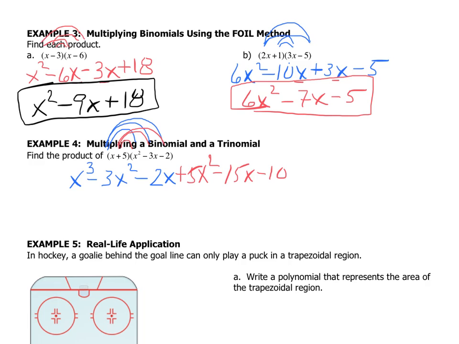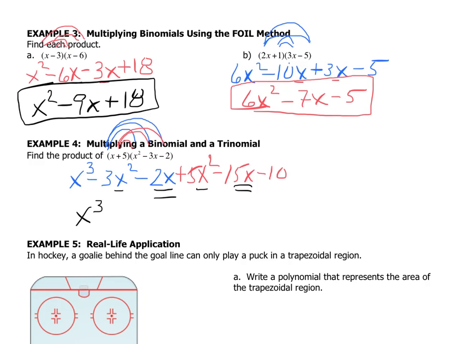So again, now I need to look to find my like terms. I actually have a couple of different ones that I need to focus on. I see x squareds with other x squareds. I also see x's that can go with other x's. So as I'm putting all of this together, I've got to keep in mind the terms that can go together and the terms that cannot. I only have one x cubed, so x cubed is going to be fine.